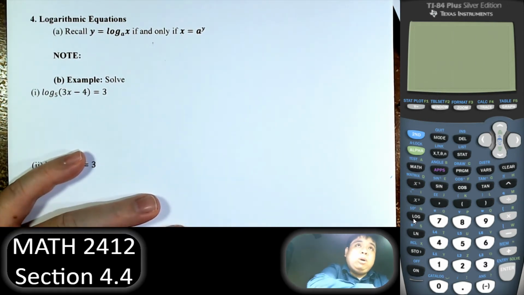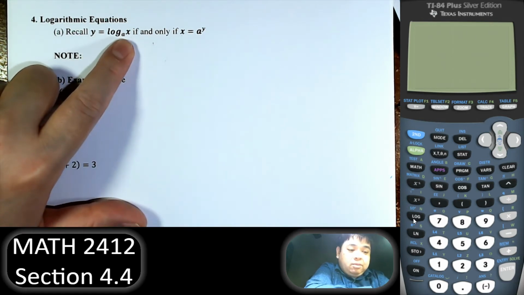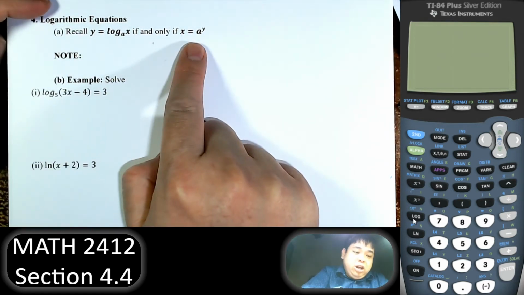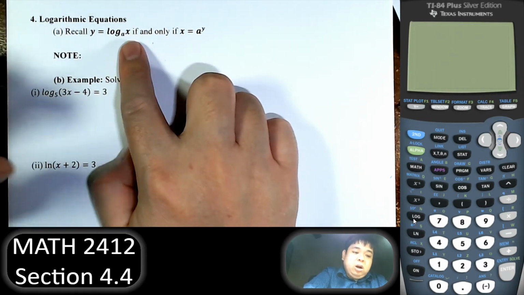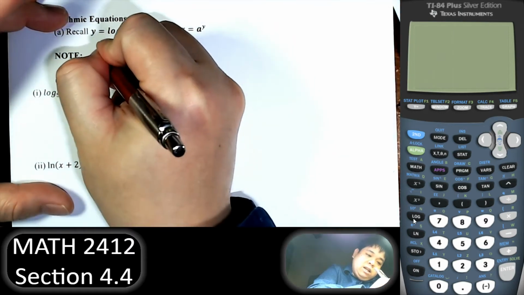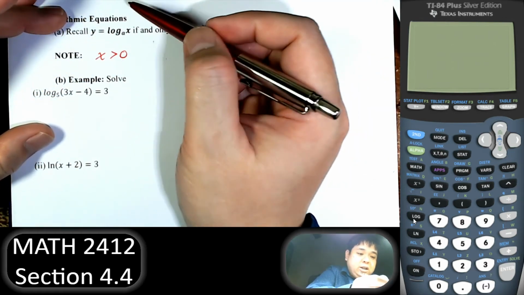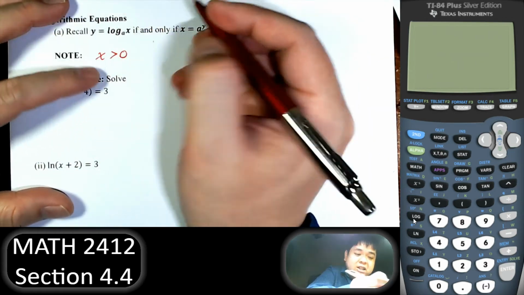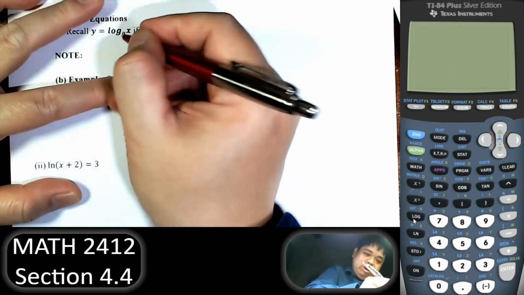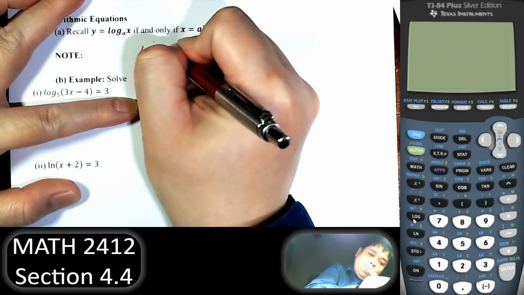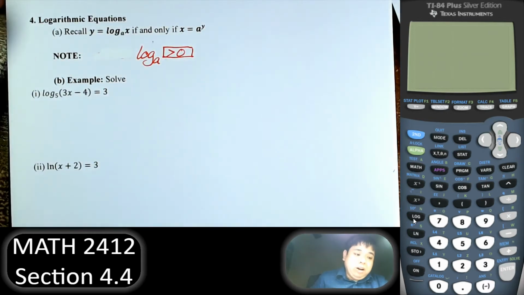We will study more properties of the logarithmic functions, but now we look at the first part of logarithmic equations. If we have y equal to log base a of x, then we can interchange that to exponential form: x equal to a to the y power. Of course, one thing to note is that x has to be positive. Whatever we put in the log has to be positive, so be mindful of the domain of the function.